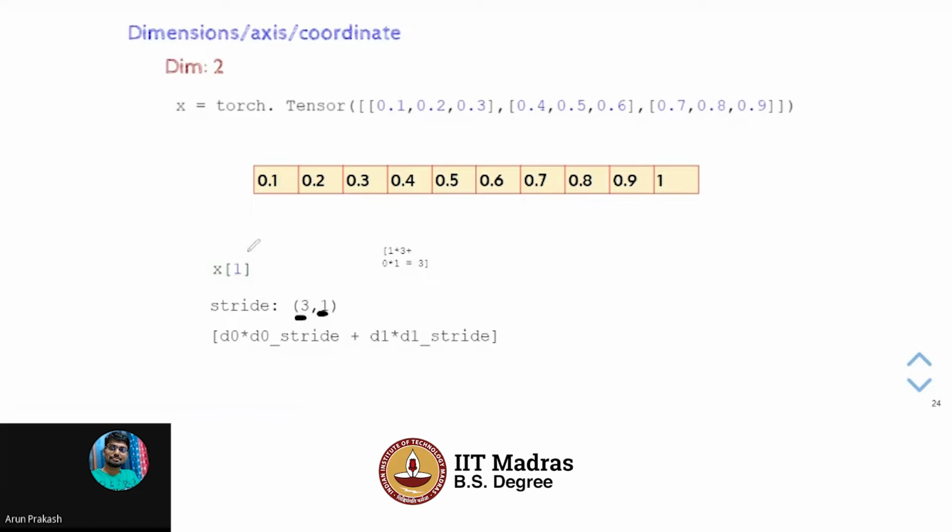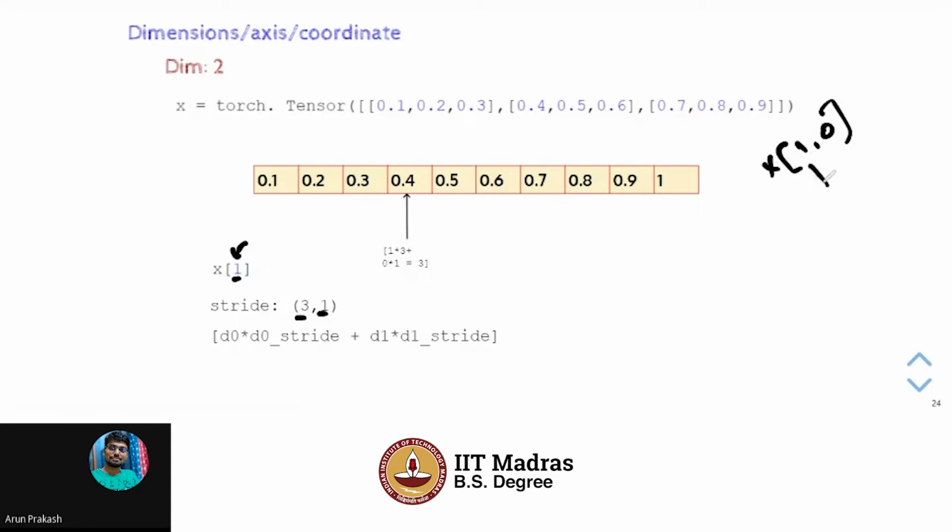Now I am passing d0 equal to 1, right? Maybe the next slides might help you. This is d0. I am not passing anything for dimension 1. In other words, we could have passed something like 1 comma 0, right?